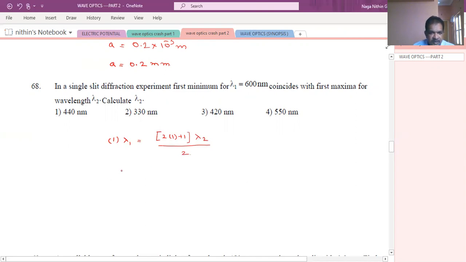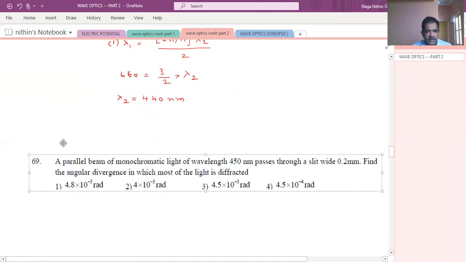This is 600, this is 3 by 2 into lambda 2. I see here they gave a printing mistake. See, here it will be 660, not 600. So this is 660, and here we will get 440. This is the answer for it.